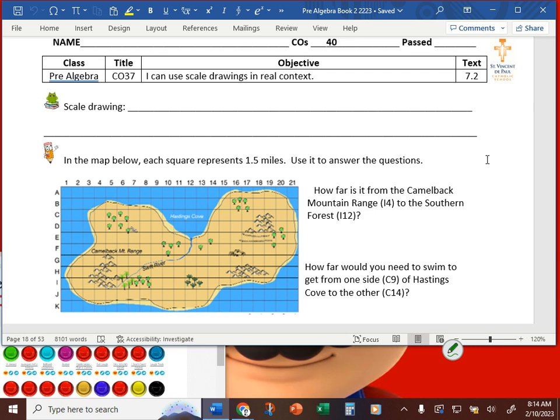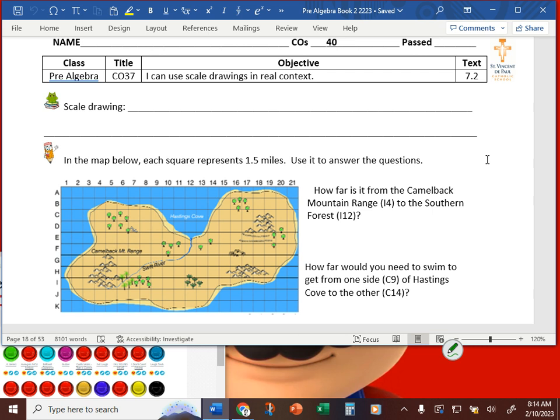What is the purpose of a map? To know where you're going. To know where you're going, okay? And is the map drawn to scale? Meaning, is the map the actual size of the terrain that you're traveling on? No, that'd be ridiculous, right? It wouldn't make any sense, okay?